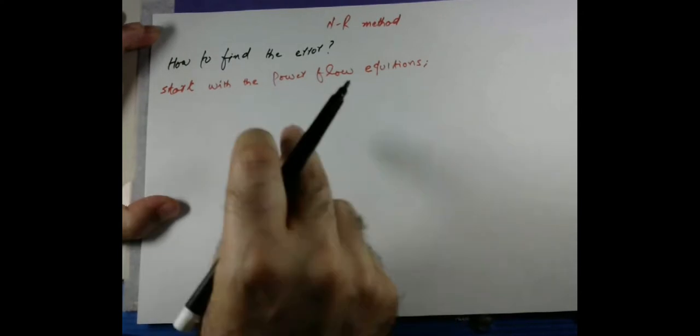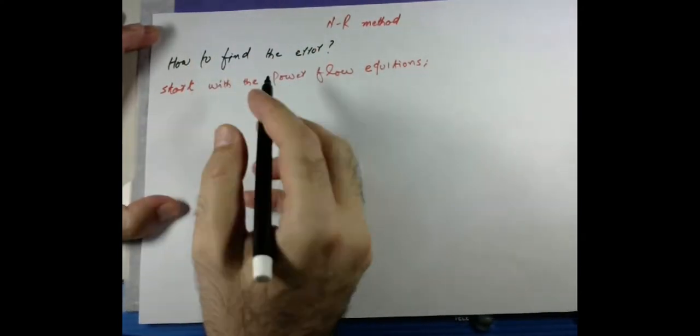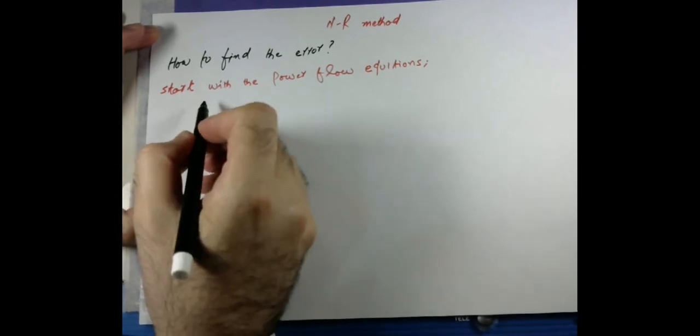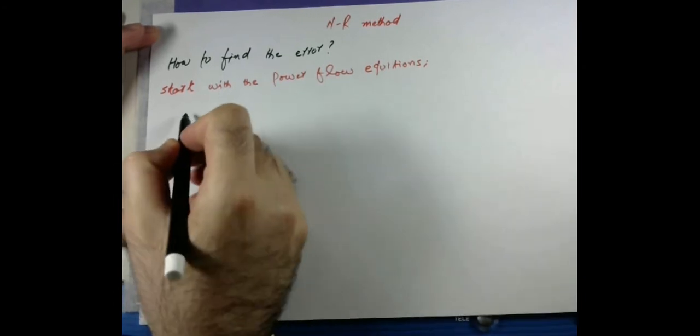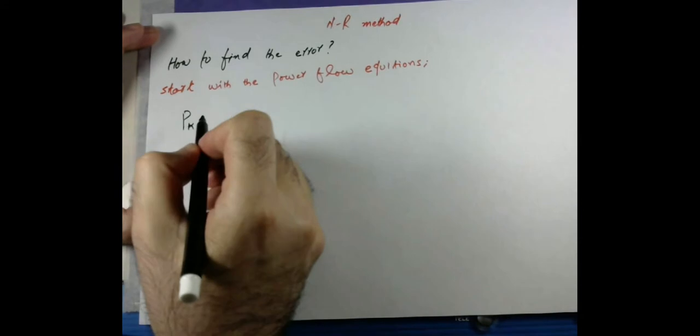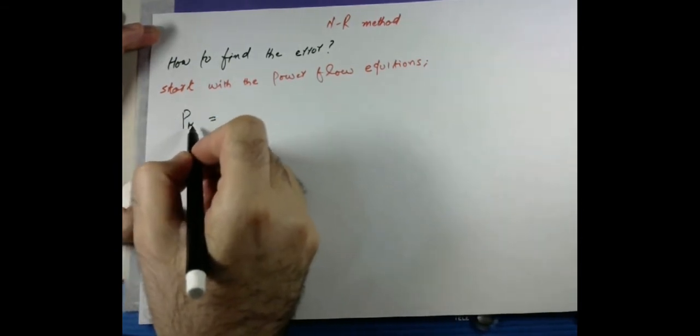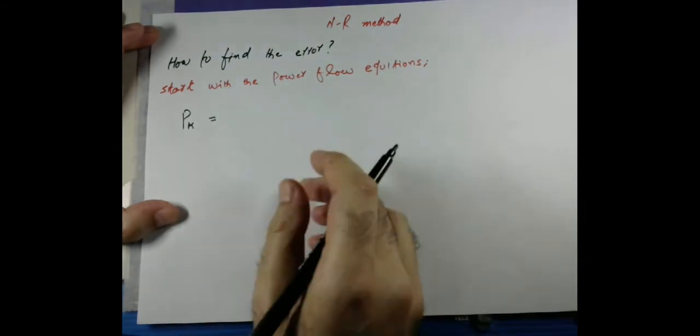So for finding the error, we start with the power flow equations, and we know that the power flow equations can be written like that. Say the power flow equation. So the power at a particular bus k can be any value.